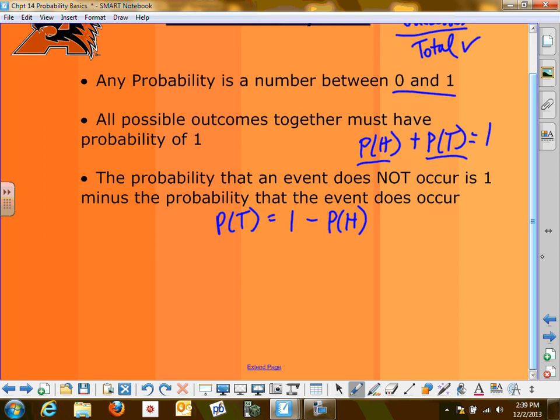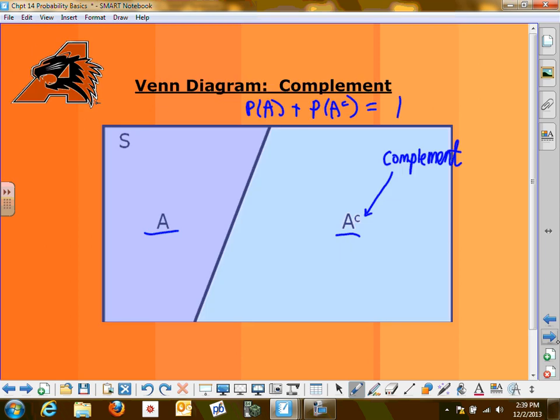And if you want to talk about the probability of something not occurring, then it'll be 1 minus the probability of something occurring, okay, because it's the complement. And that takes us to this picture. You don't have this on the notes, but if this is the set of all possibilities, this is the probability of A landing in this section.